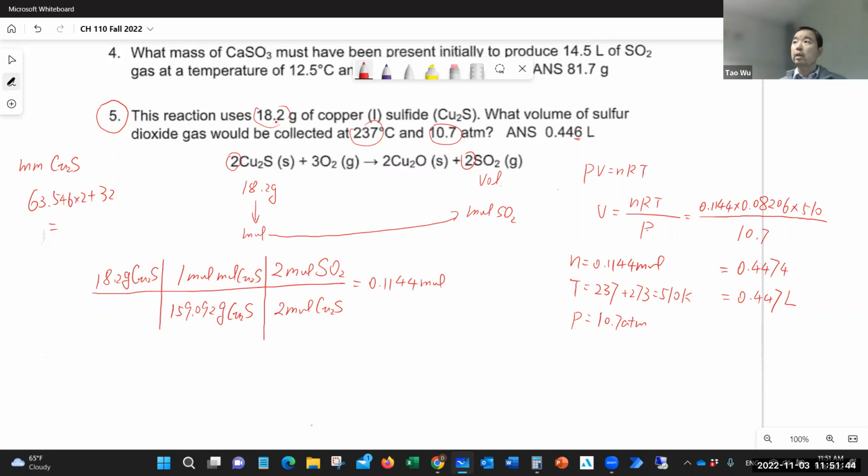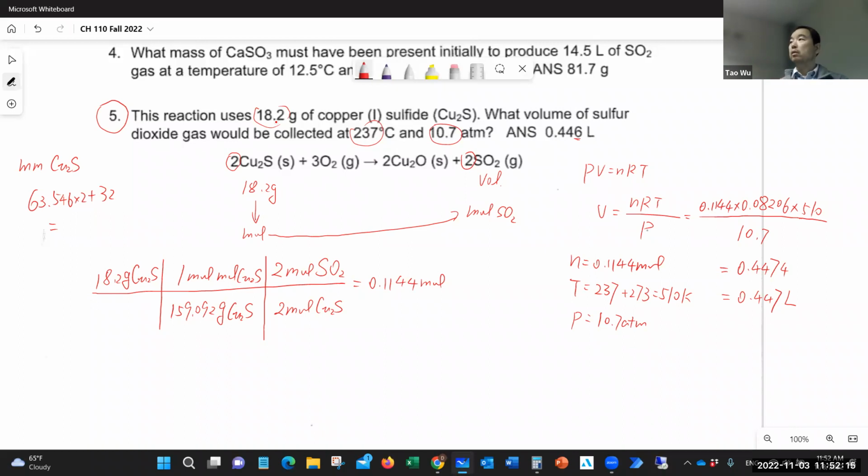Not too hard, right? The key is the mole. We have to find the moles of something to figure out the moles of others based on the chemical reactions. You look at the coefficient, but we have different ways to find the moles. For a solution, you need to use molarity times volume to get the moles. For a gas, you have to use the ideal gas law to find the moles.